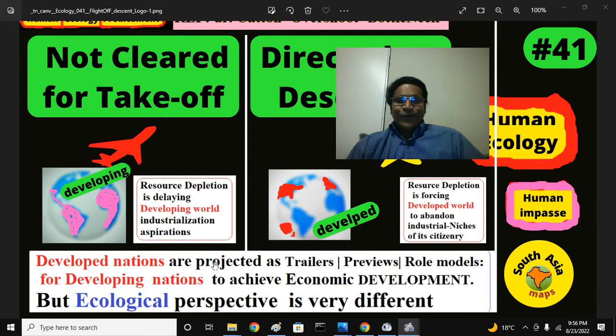Developed nations are projected as trailers, previews, role models for the developing nations, sometimes called underdeveloped nations, to achieve economic development and prosperity.